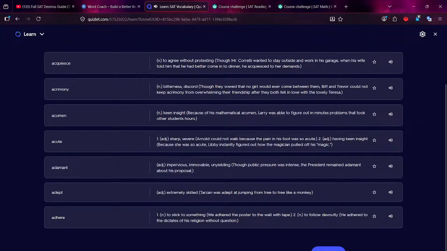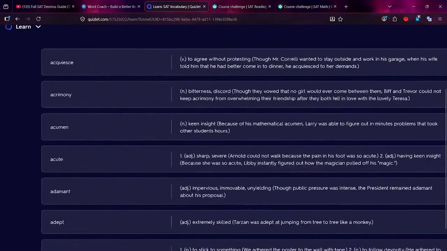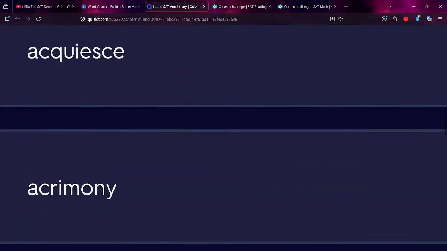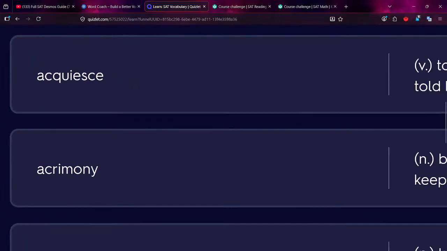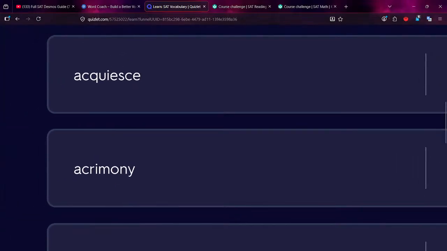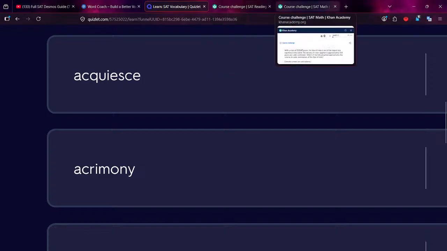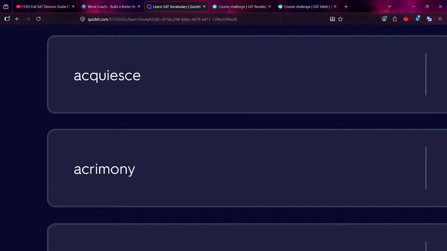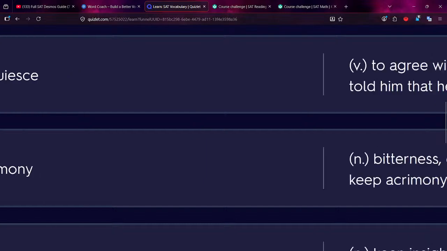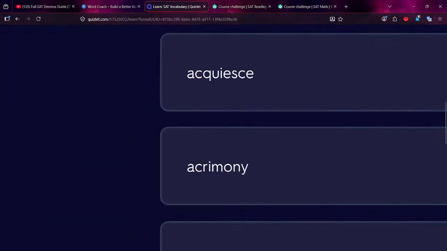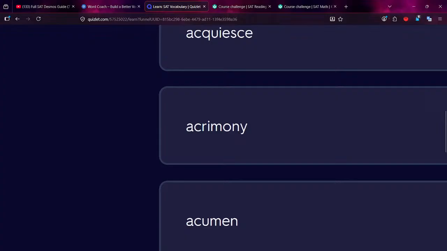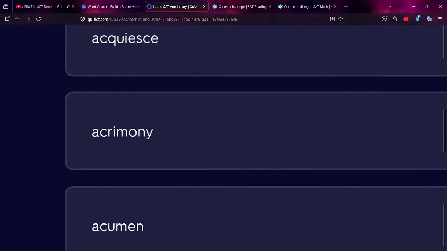Let's look at these words like we did last time, right? I think this is gonna be our last vocab thing, and then we're gonna move on, because last time we didn't have a chance to go through this properly. I kind of forgot this. To agree without protesting. Acrimony is like loud noise or something like that.